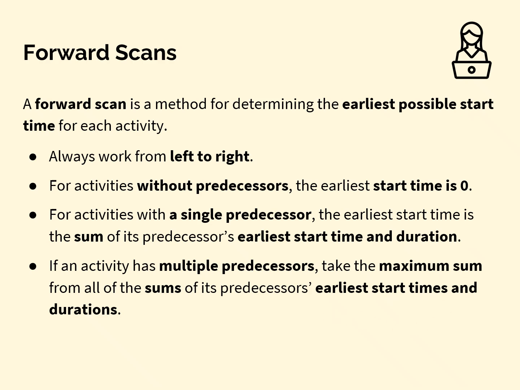If an activity has multiple predecessors, so 2 or more activities that feed in, then what we do is we take the maximum sum from all of the sums of its predecessors' early start times and durations. So I would recommend having that slide in front of you when you're trying these questions, but you'll see there's a lot of words. There's a lot to maybe think about here, but you'll see when we get to the example really what we're looking at.